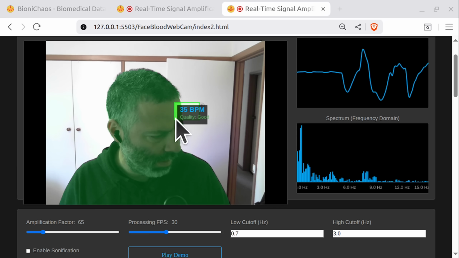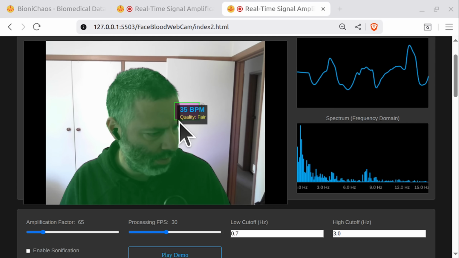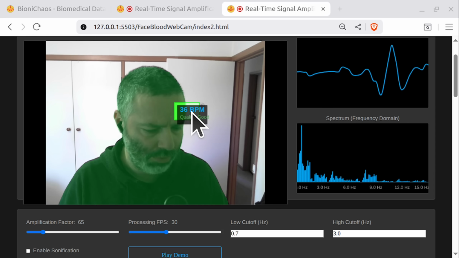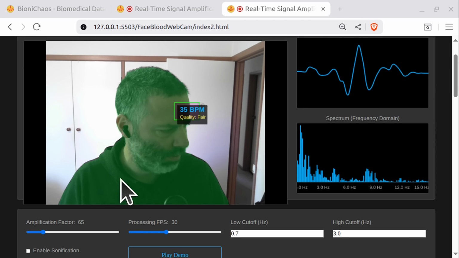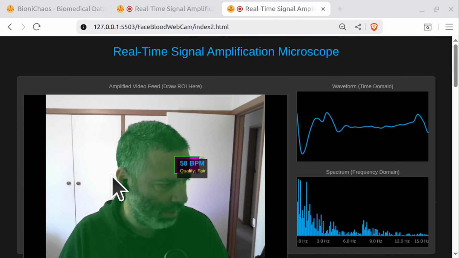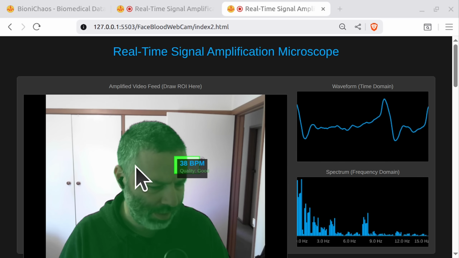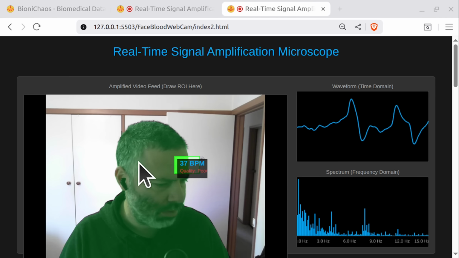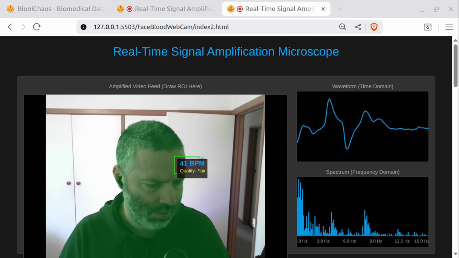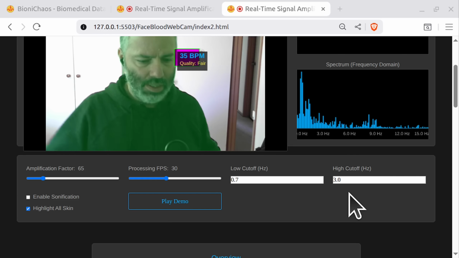Is it using the square, the manual ROI, region of interest, that I mark for the detection, or is it using the skin detector? I think it's using the ROI box. Can you confirm what's going on? It's kind of okay.